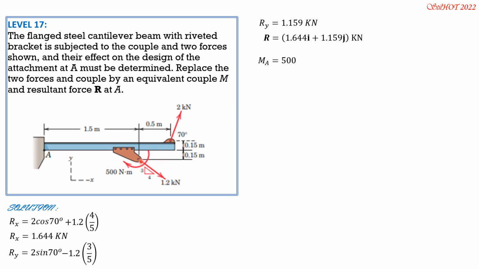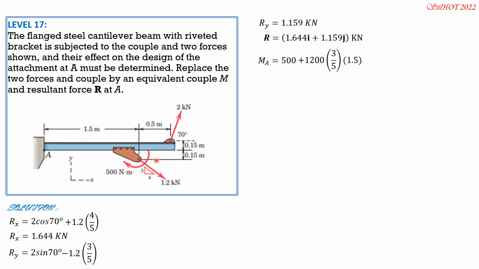the component which produces clockwise moment is the vertical component, while the horizontal component is counterclockwise. So let's begin first with the vertical component, and it is 1200 times 3 over 5, and the moment arm is 1.5, vertical component clockwise. So plus 1200 times 3 over 5 times moment arm 1.5.